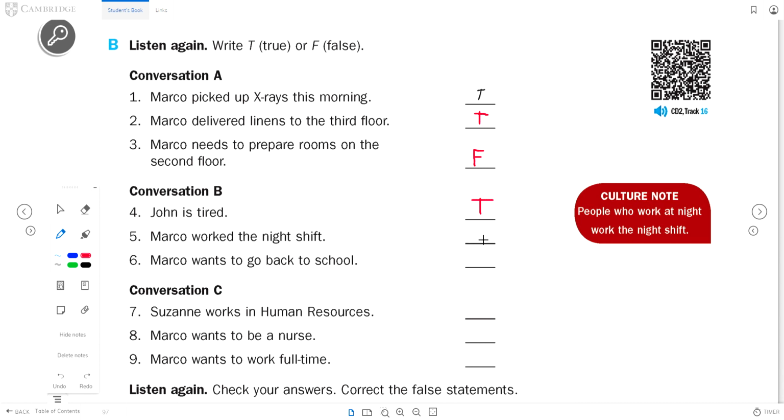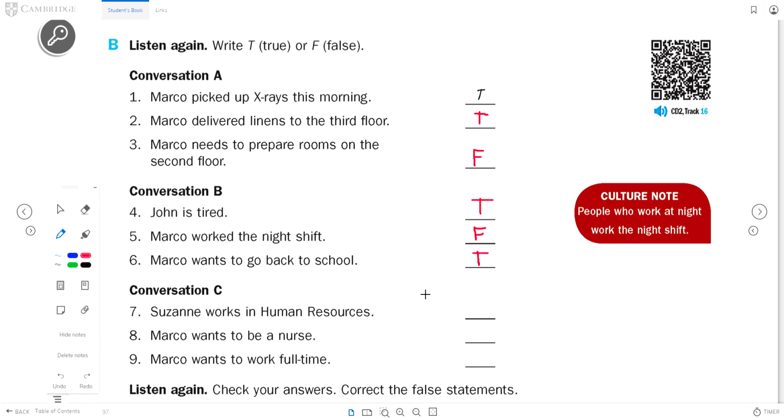True or false? False. Marco didn't work the night shift. Yeah, that's false. And number 6. Marco wants to go back to school. This one is true. Okay?